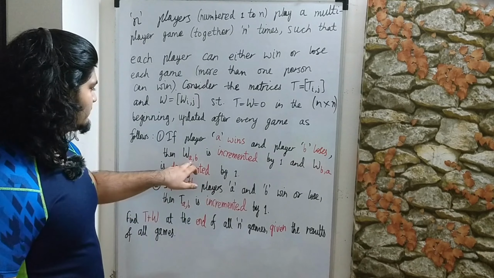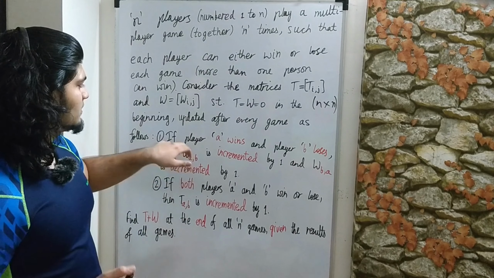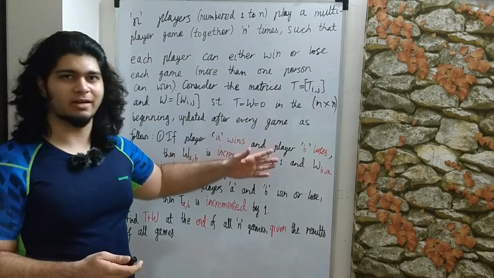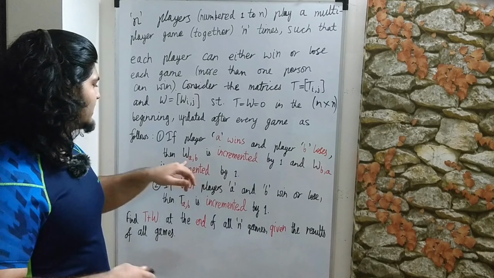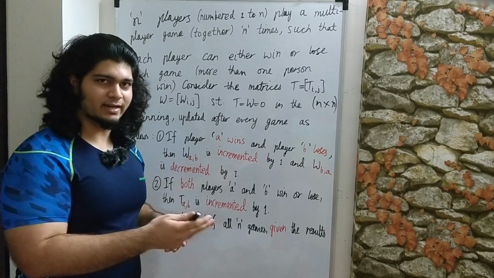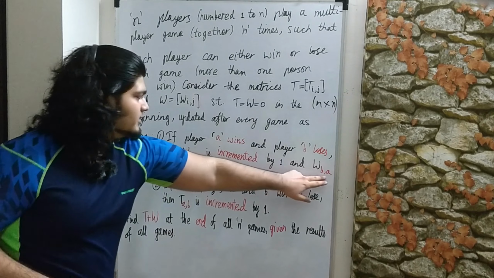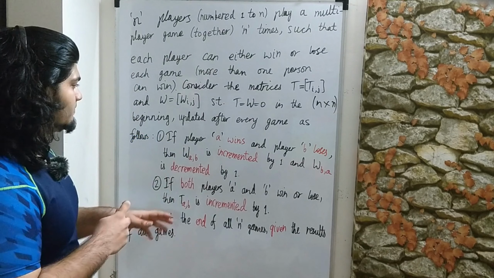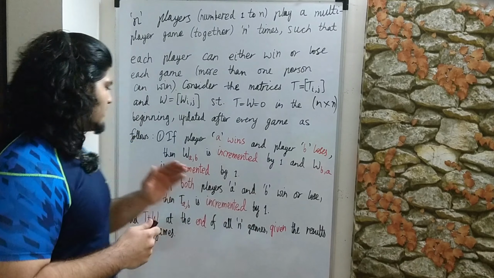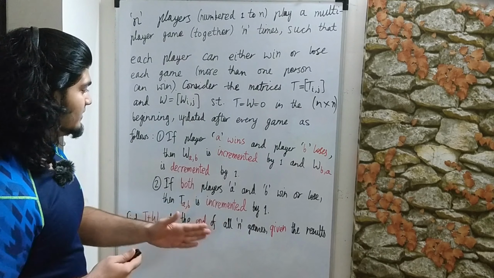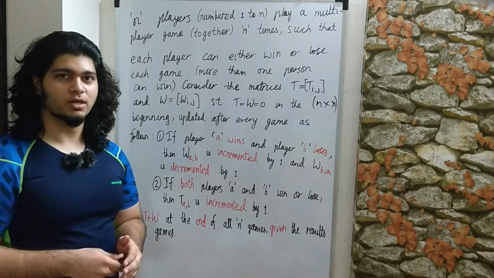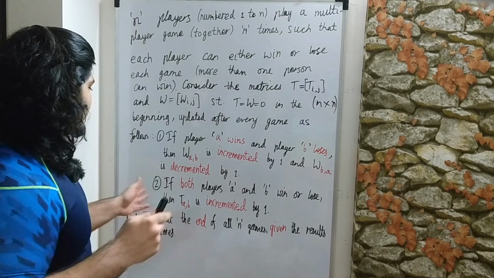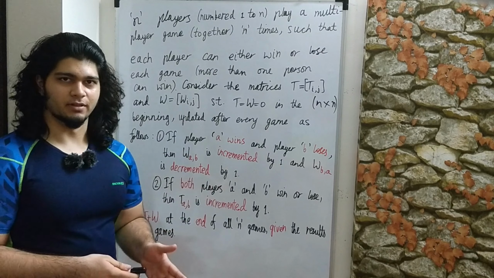So if A comes first, that means if A wins, then we'll increase it by 1. So A coming first is kind of linked with incrementing it by 1, and A coming later is linked with decrementing it by 1. And if both players A and B either win or both lose, then TAB is incremented by 1.